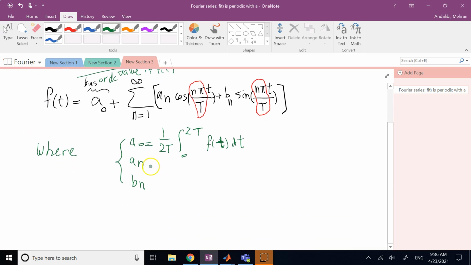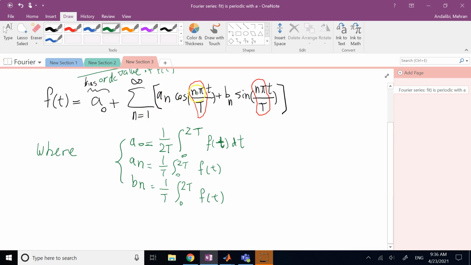Okay, so that's a naught, and then an and bn are very similar. They have 1 over t, not 1 over 2t, and this integral is again taken over one period. But now, instead of f of t being integrated by itself, it is multiplied by those functions right in front of them in the Fourier series.